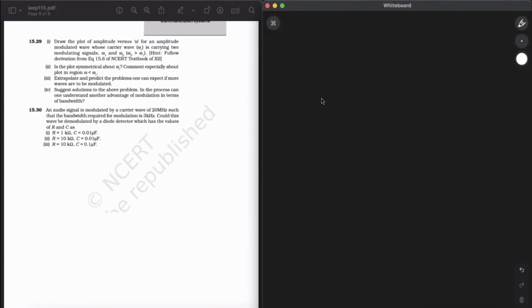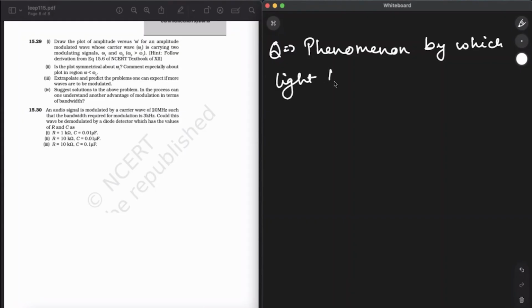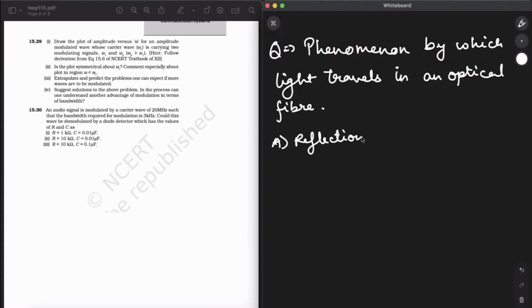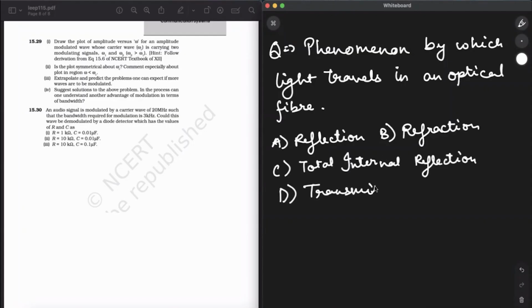Alright. Now the next question. Tell me the answer for this question: by which phenomenon does light travel in optical fibres?